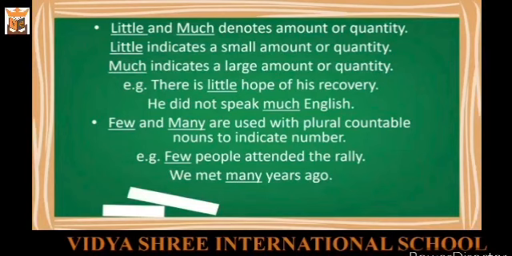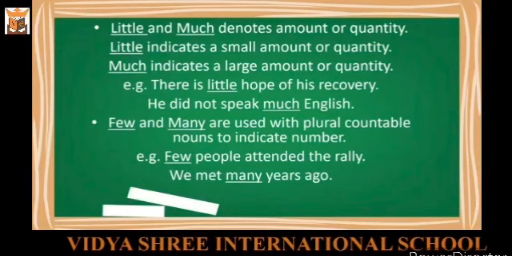Clear? Next, few and many are used with plural countable nouns to indicate number. For example, few people attended the rally. How many people? Few.